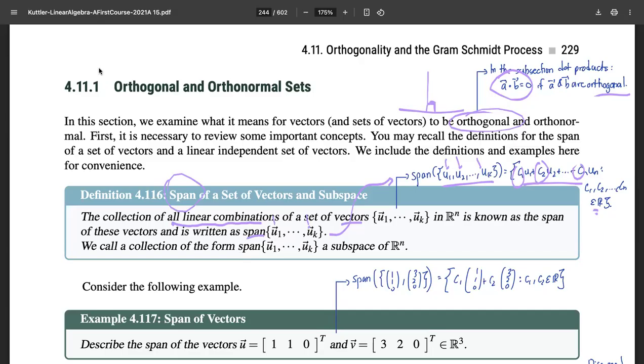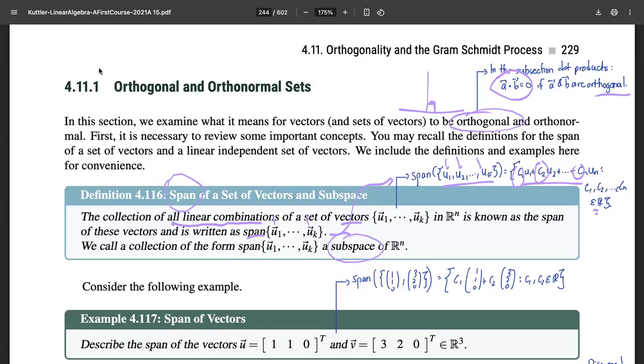Something we need to remember is that this span forms a subspace of Rn. We have also discussed the idea of subspaces and what they are. A subspace of Rn is a set which contains 0, is closed under addition, and is closed under scalar multiplication.